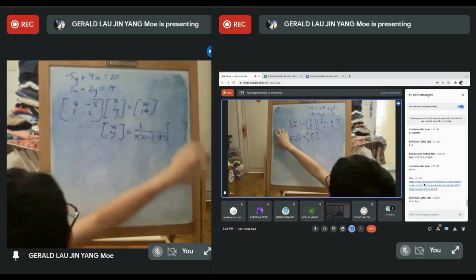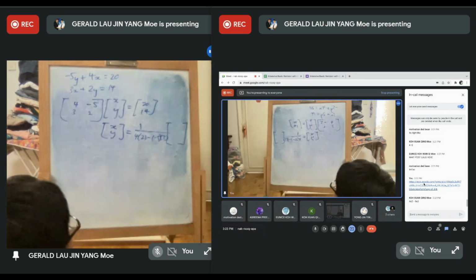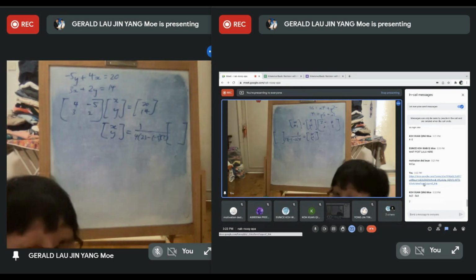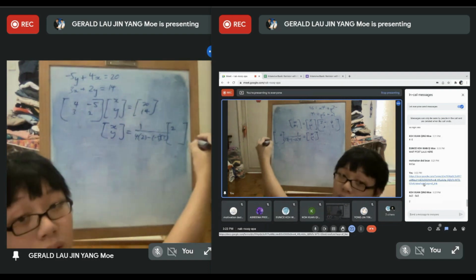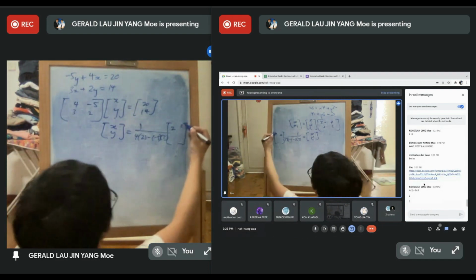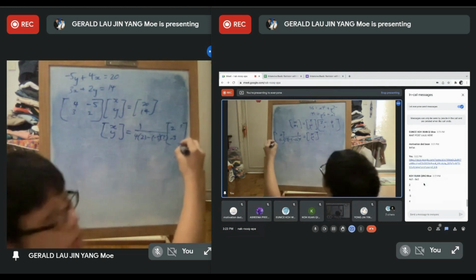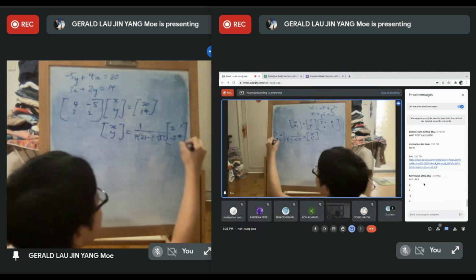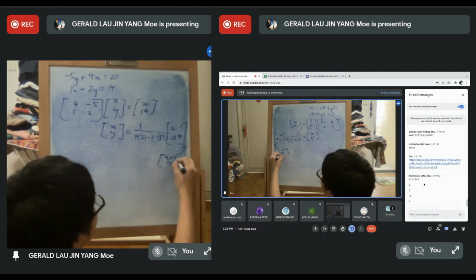What should we write here? First element 2. Second element 5. Third element negative 3. Fourth element 4. Good. And then behind here we copy 20, 14.